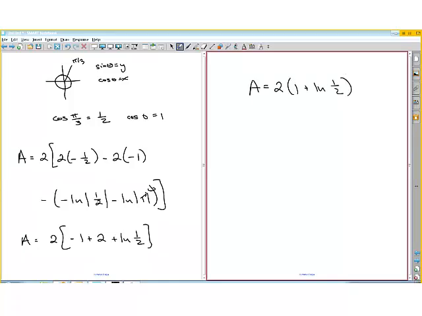Now, it turns out if I do this, so if I go 2 times 1 minus a minus the natural log of 1/2, so you get 2 times 1 minus, well, the negative sign, you can take that inside as negative 1, so that becomes the natural log of 1/2 to the minus 1 power.